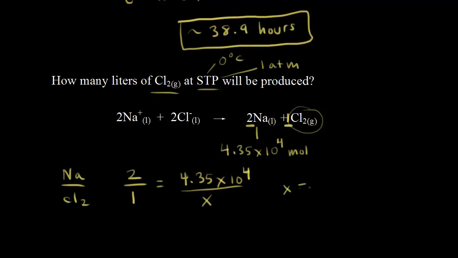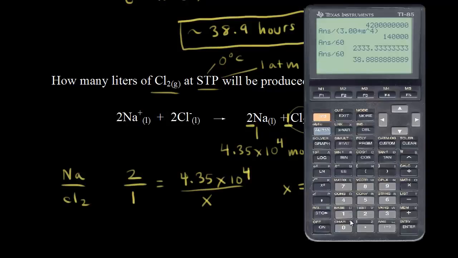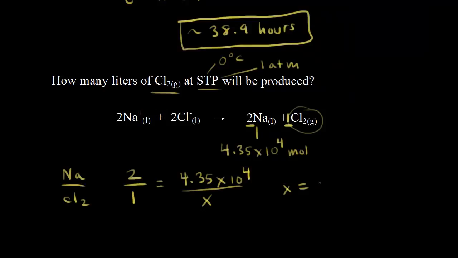So x is equal to 4.35 times 10 to the 4th divided by 2, and we get 21,750 moles of chlorine gas that are produced.